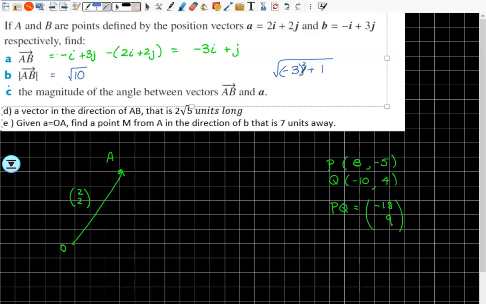All right, find the magnitude of the angle between AB and A. What are we doing with that? Okay, first thing we're going to check is that it's actually saying algebraically. We're going to assume that it says algebraically, right? So we want A to B, and then we've got vector A, correct? And we know that AB is going out that way because we just did B take A, correct?